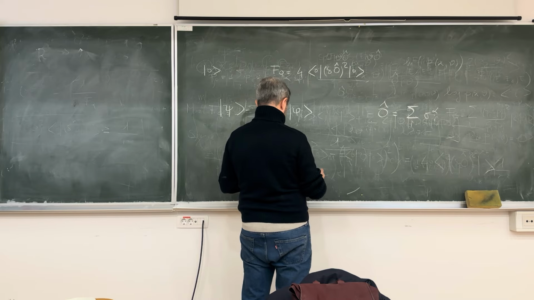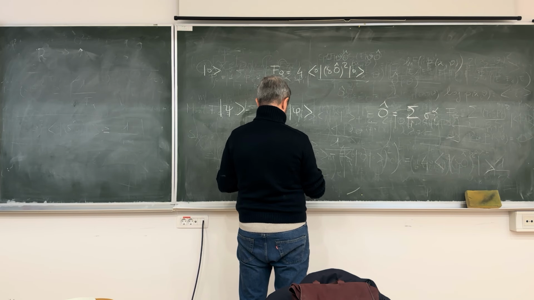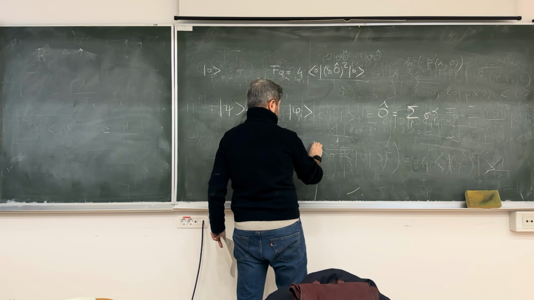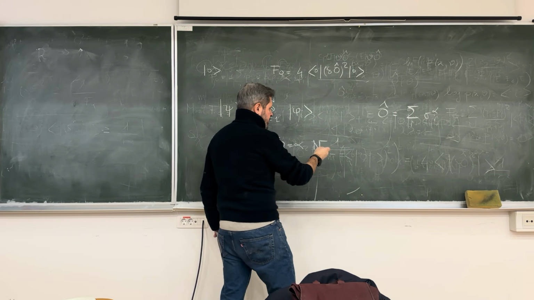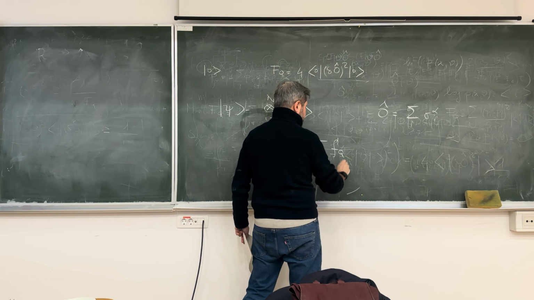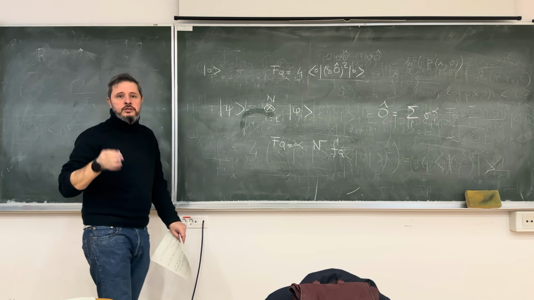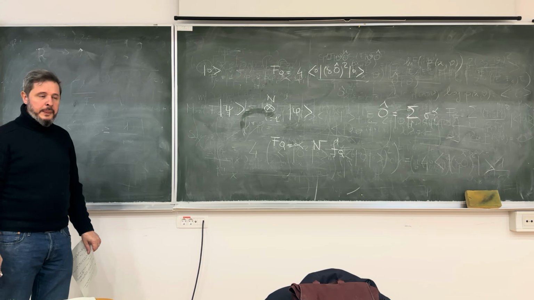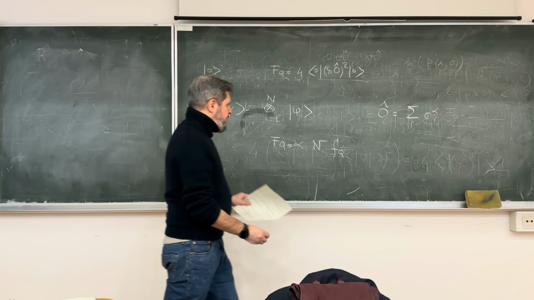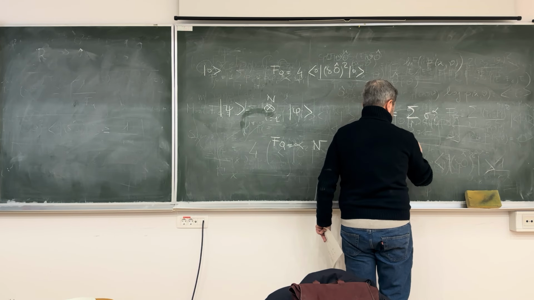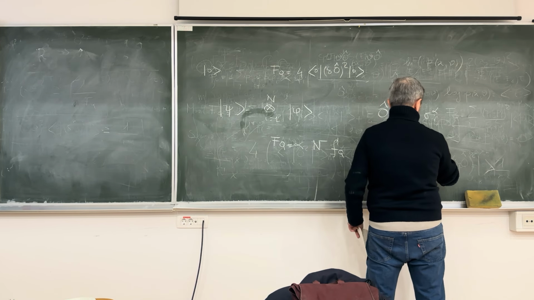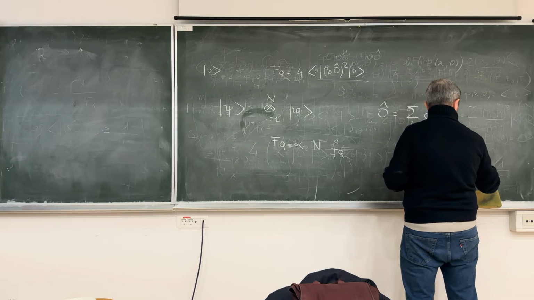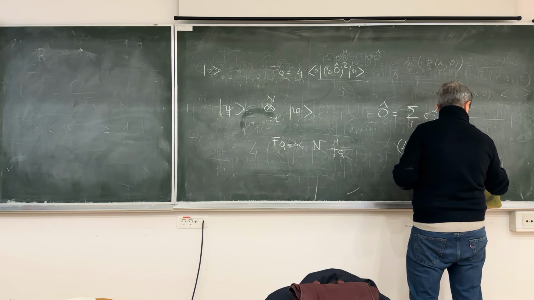So F_Q is going to be proportional to n times some Fisher information density f_Q, but that is going to be a finite number. And in this case, delta theta is going to be greater than or equal to 1 over the square root of n times f_Q.